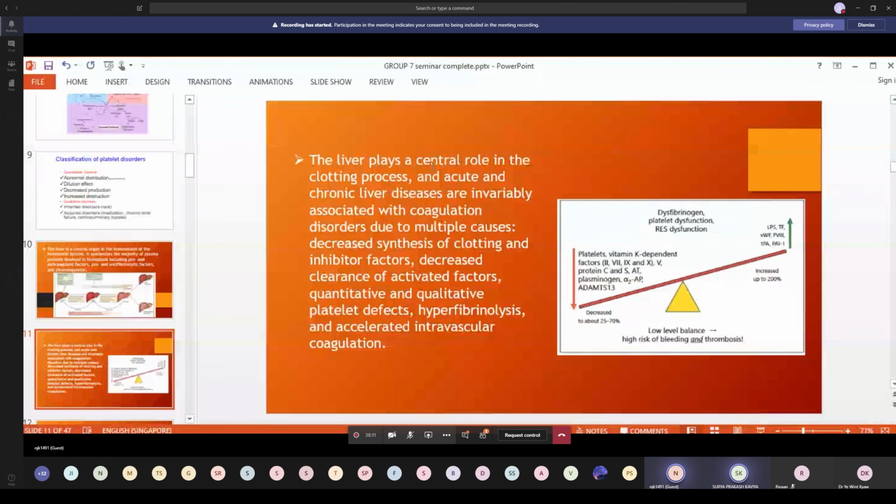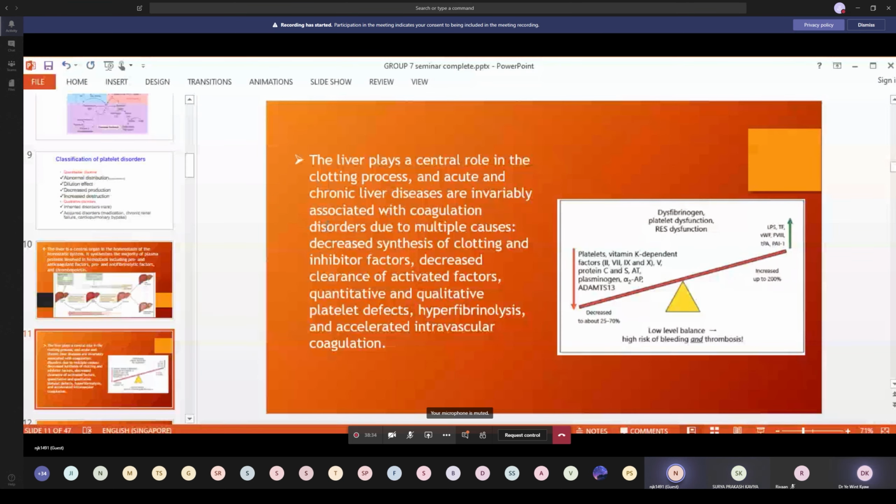Now let's come to this part, where all this numbering shows the decrease of platelet function. It tells you about bleeding through these factor abnormalities. As we can read here, the liver plays a central role in the clotting process.